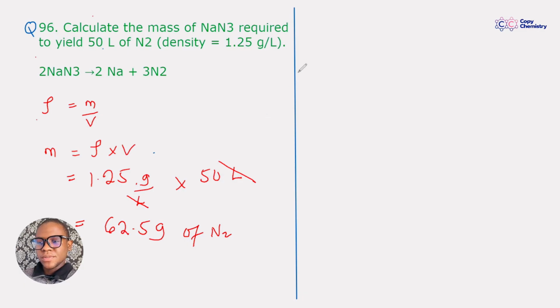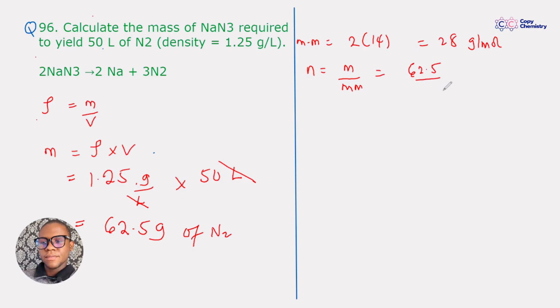N2 has a molar mass, right? What's the molar mass? 2 multiplied by N, so that should be 28 grams per mole. That would mean that the number of moles I'm dealing with here is mass divided by molar mass, yeah? And that would just be 62.5 divided by 28.